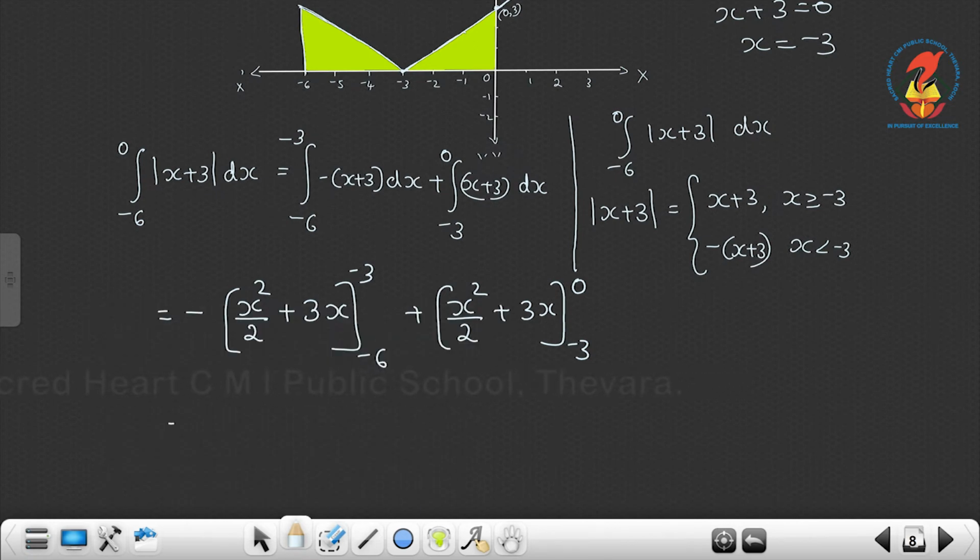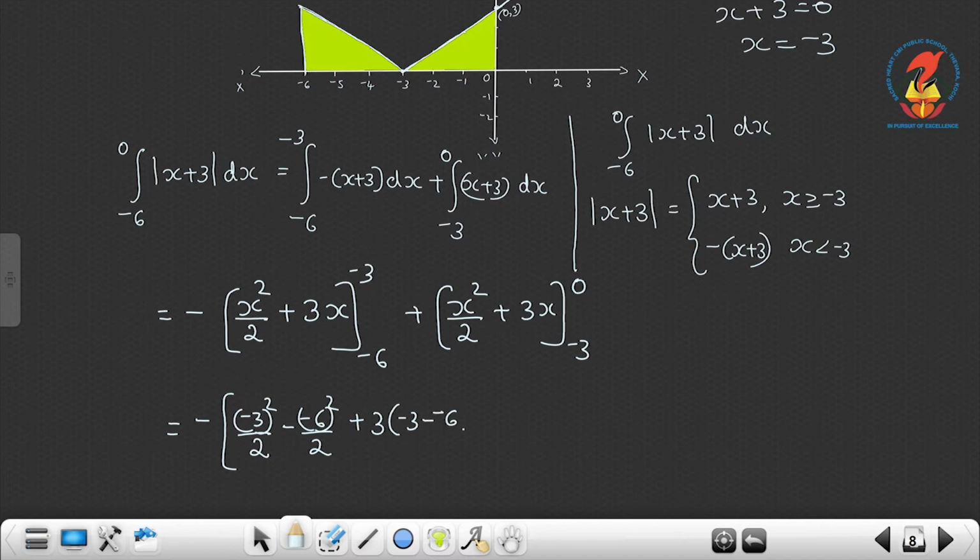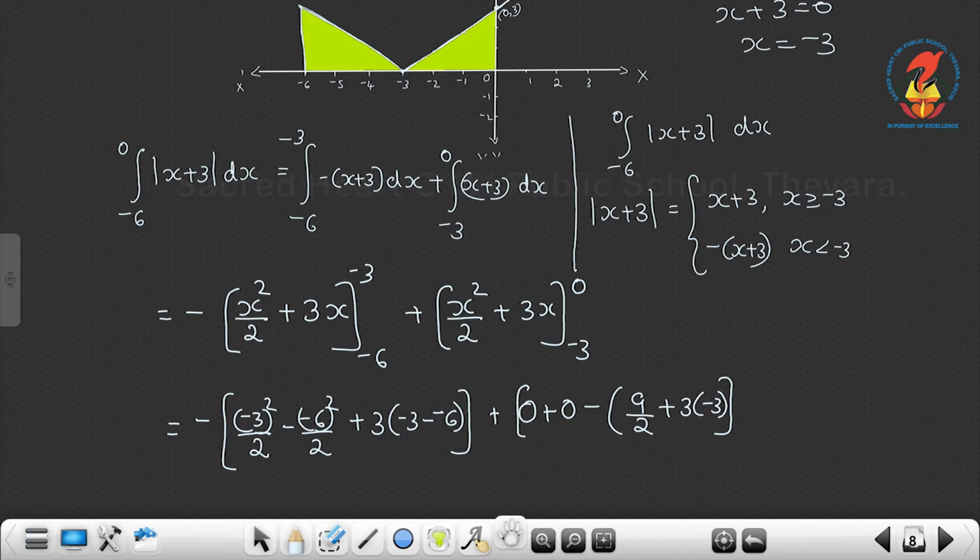So, separately we can find. So, minus of, first give the value -3 square by 2, then after that the lower limit -6 square by 2 plus 3 into -3 minus, plus x at 0 means 0, both are 0, minus 9 by 2 plus 3 into -3. This is another bracket.